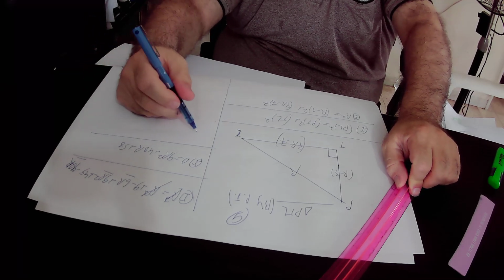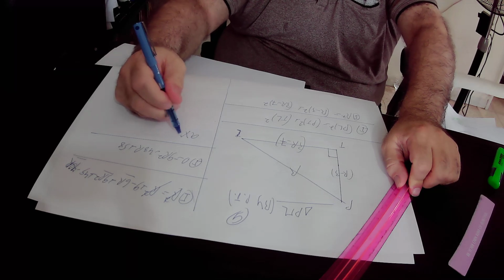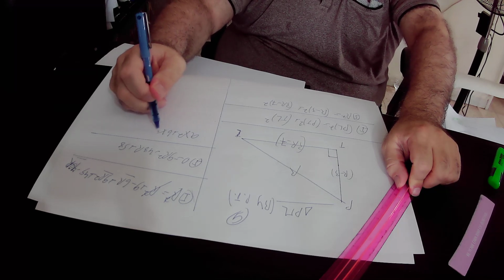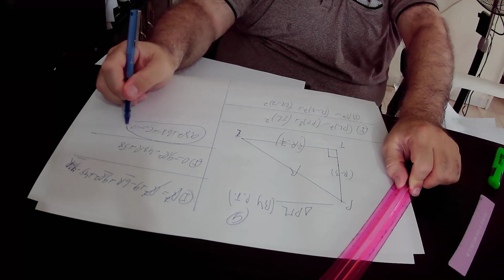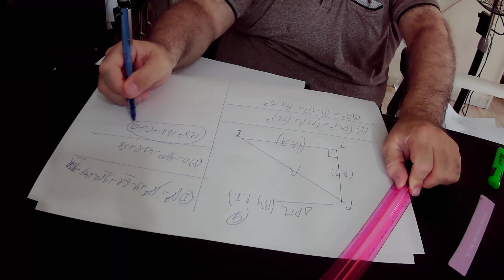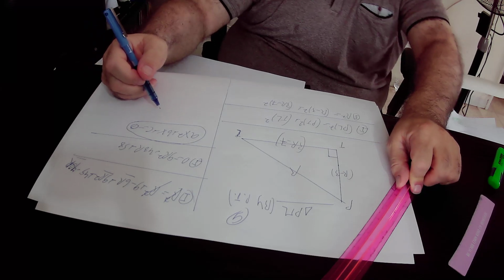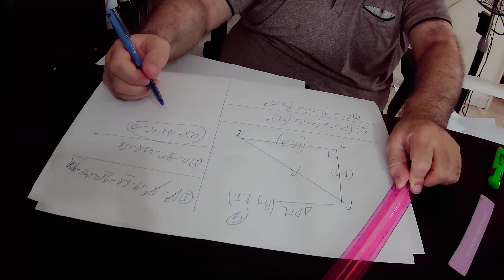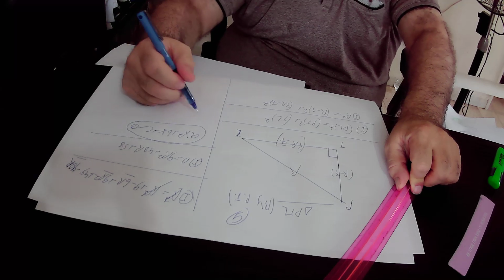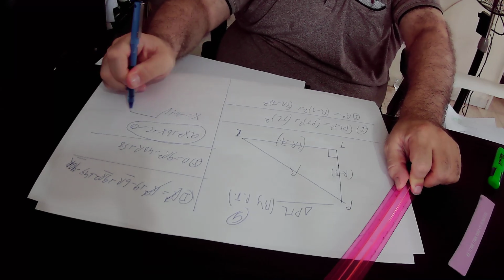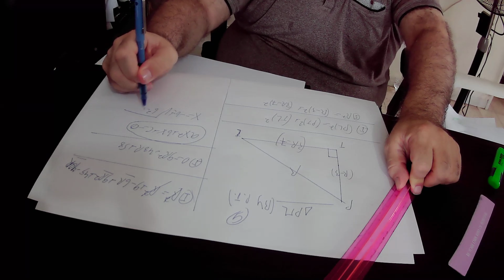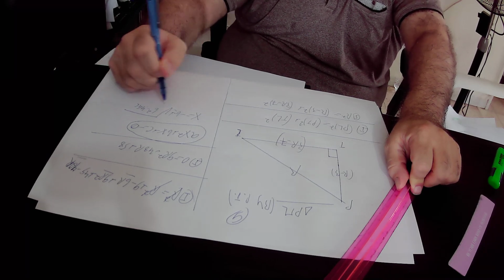The general form of a quadratic equation is ax squared plus bx plus c equals 0. Here a, b, and c are the coefficients of the quadratic equation, and x is the variable that we are looking for. We find the value of x according to the following formula: x equals minus b plus or minus the square root of b squared minus 4ac, over 2a.